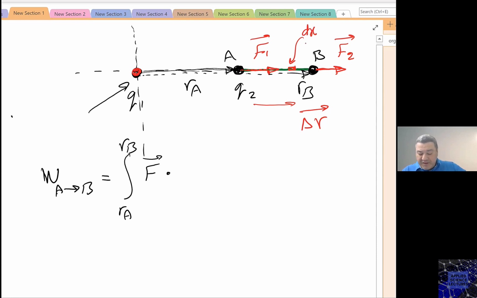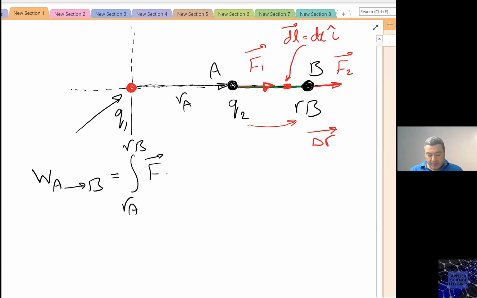However, this is a part of a vector, so in this case, this is going to be also a vector along the x-axis, and this is usually called the dl vector. So this infinitesimal element here is a vector, which is the dl, and this dl equals dx along the x-axis, dot this dl.